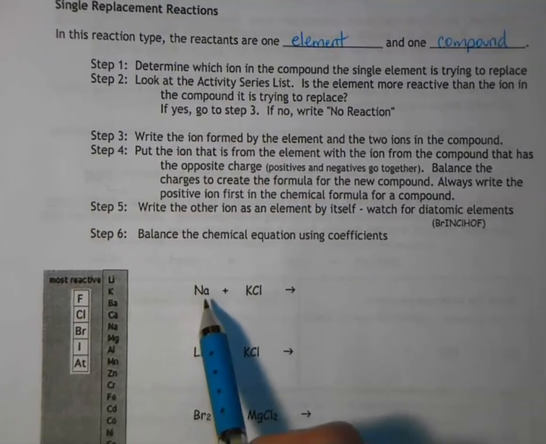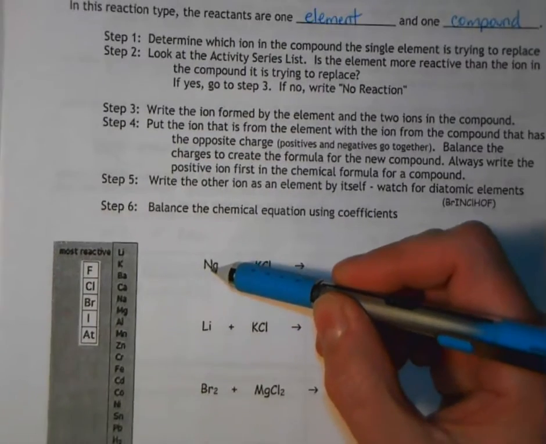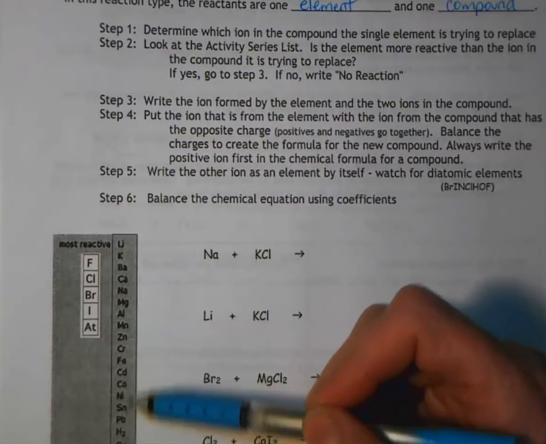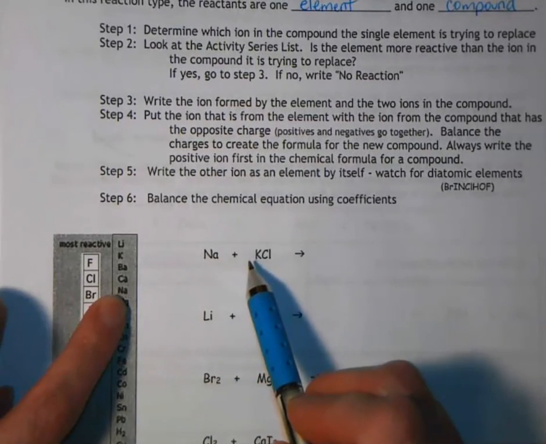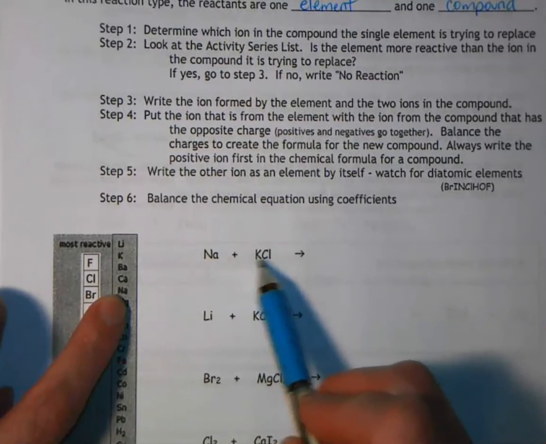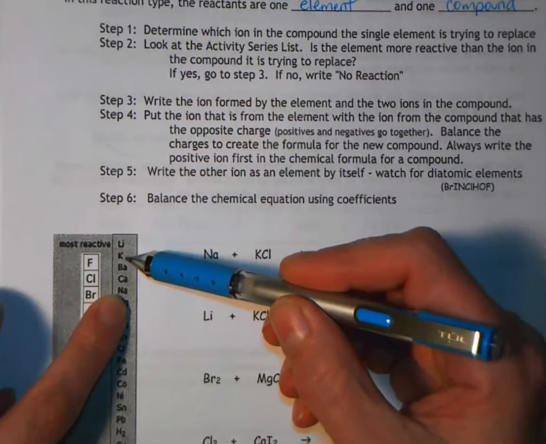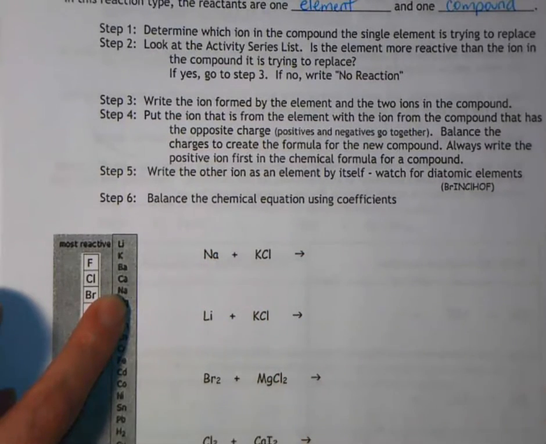So for example, in this first problem, Na plus KCl, we're going to find Na, sodium, and that's going to be on this long list. And here's sodium right here. And then we're going to look for K or Cl. Only one of them will be on the list. So here's potassium, K. So that's the first step, is to find the two things you're going to compare.